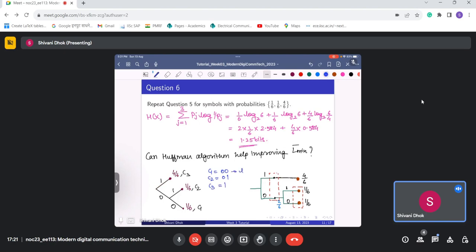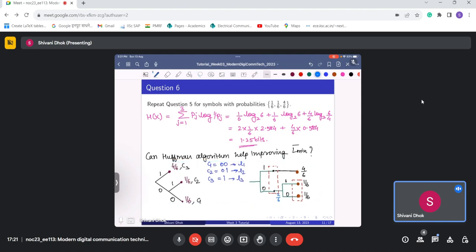So this is L1, L2, L3, which means that if I do Huffman, the length of this code, L bar of Huffman, is simply L1 is 2, L2 is 2, and L3 is 1. So this is 2 into 1 by 6 plus 2 into 1 by 6 plus 1 into 4 by 6.